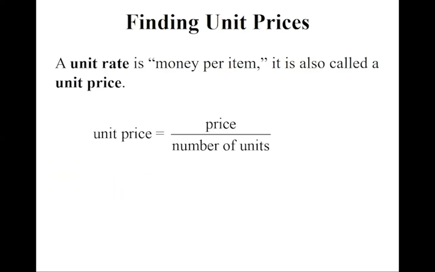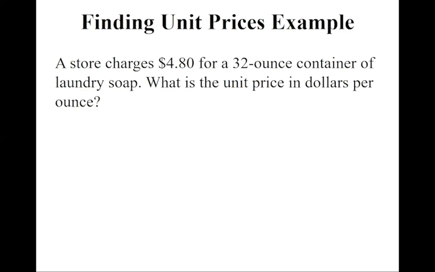If a unit rate is money per item, then it's also called a unit price, a special type of a special type of a special type. The unit price is the price divided by the number of units. So a store charges $4.80 for a 32-ounce container of laundry soap. What is the unit price in dollars per ounce?